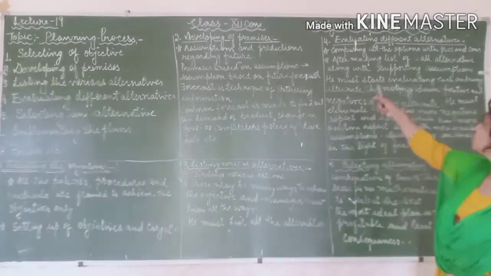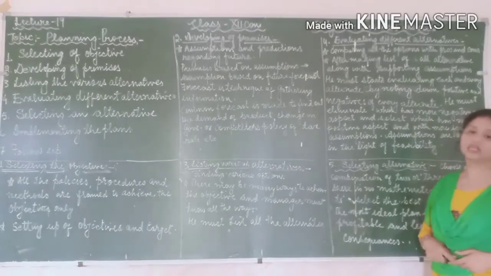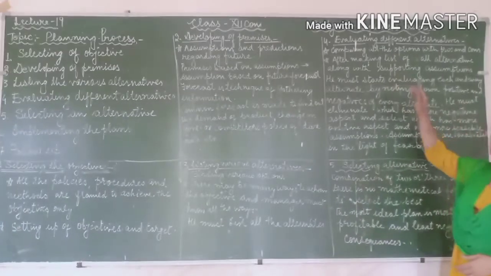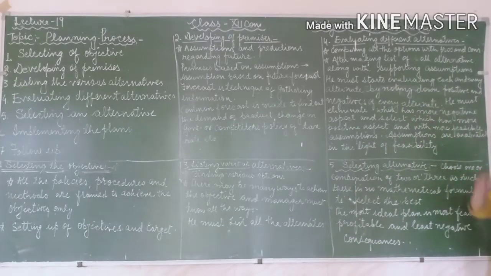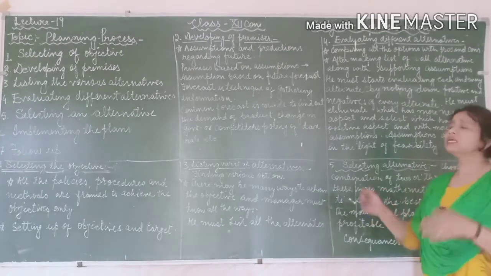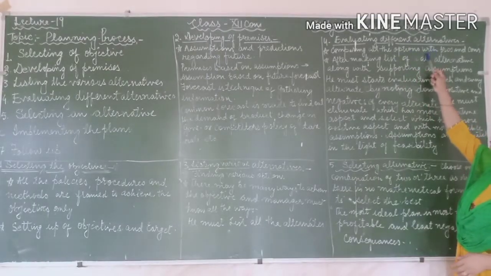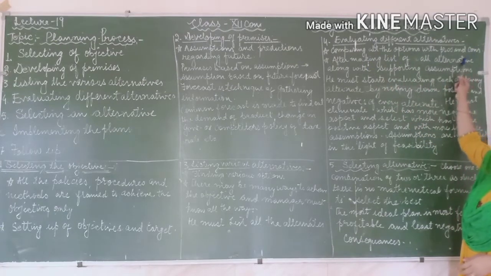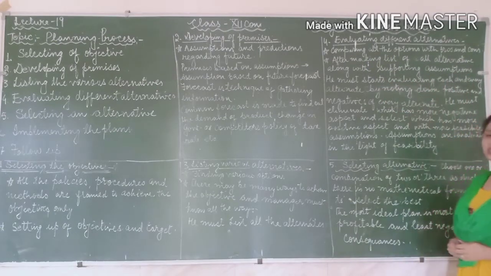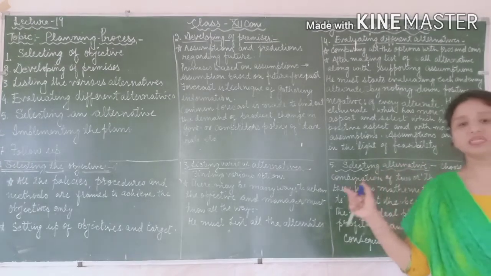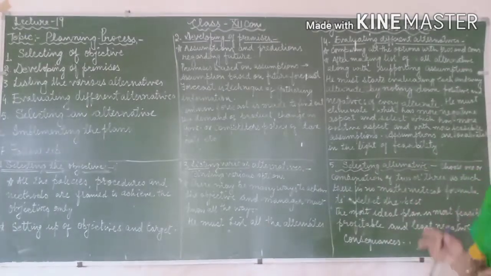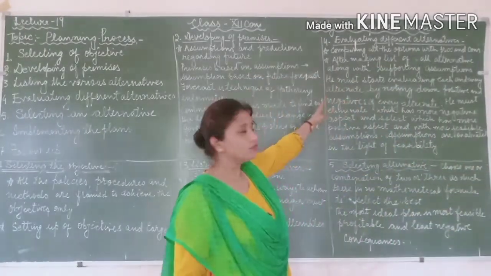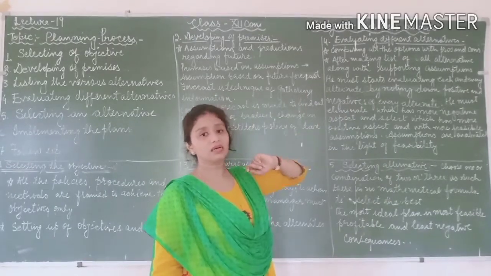So the next step is evaluating the different alternatives. After listing the alternates, the fourth step is evaluating different alternatives. It means comparing all the options with their pros and cons, after making a list of all the alternatives along with the supporting assumptions. Once the manager has listed all the various alternates, the next point of the process is evaluating the alternates.